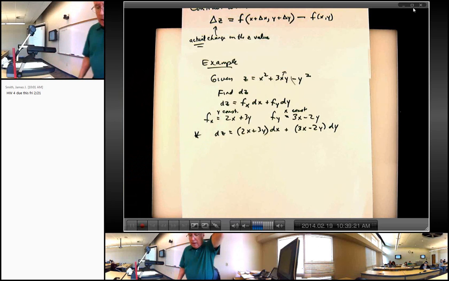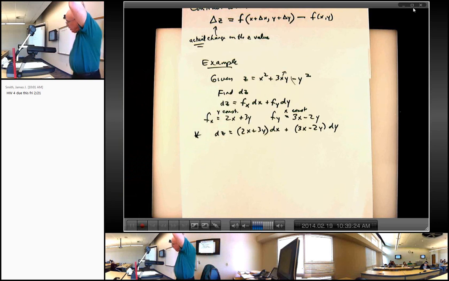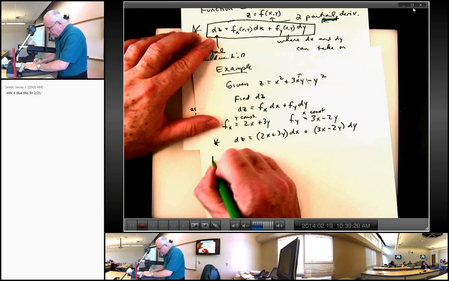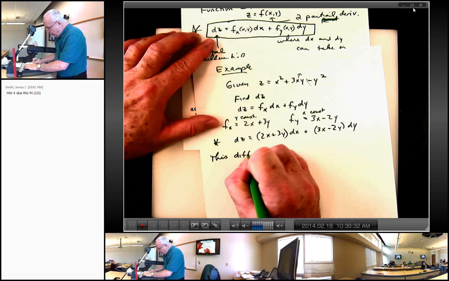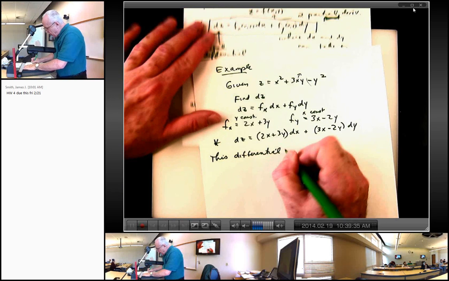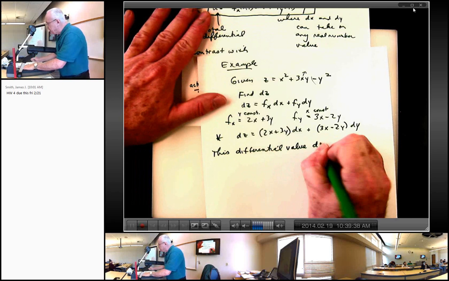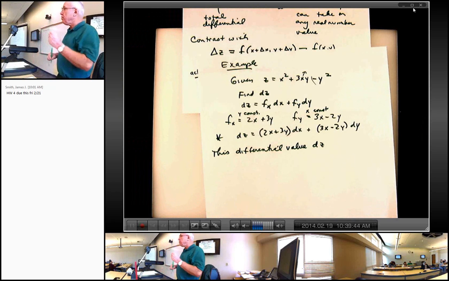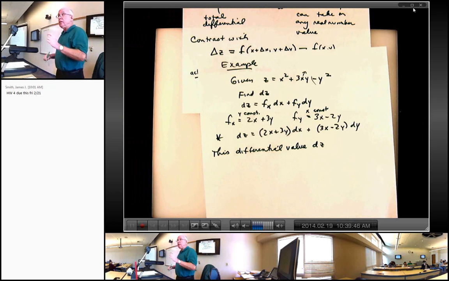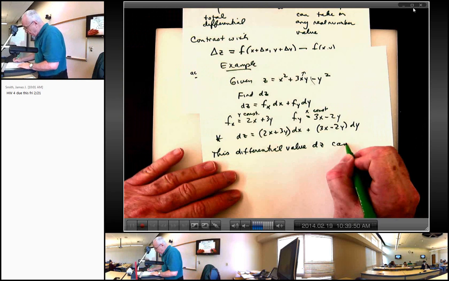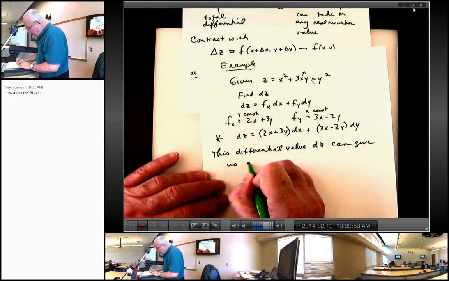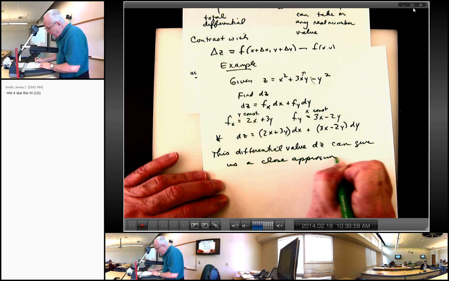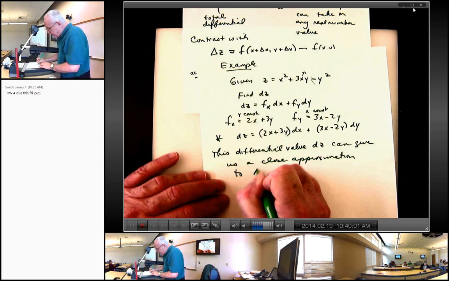Now, before I go on, I want to say that this differential value of dz can actually give us a close approximation to delta z.